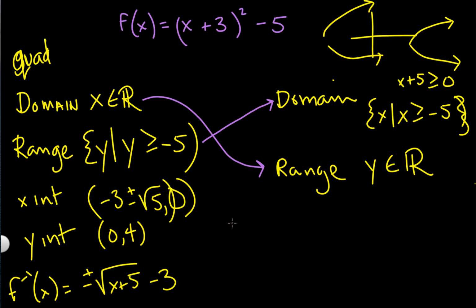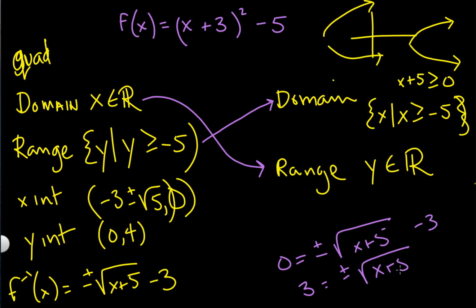So x-intercept: if I set y equal to 0 here, 0 equals plus or minus the square root of x plus 5 minus 3, and solve for x. I can move the 3 over, 3 equals plus or minus the square root of x plus 5.